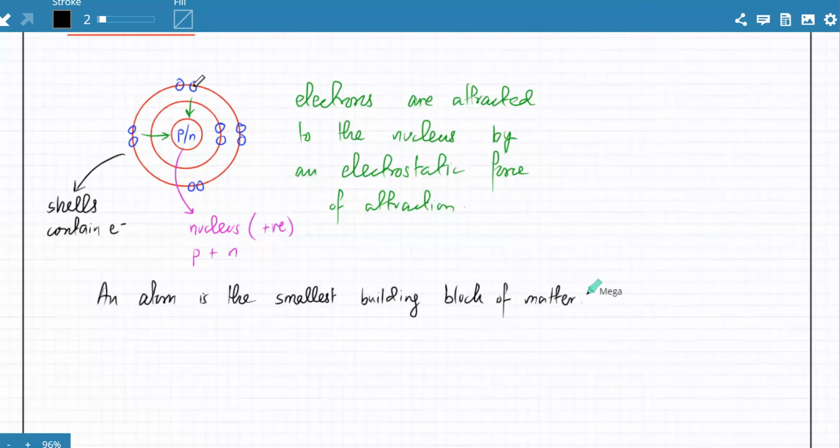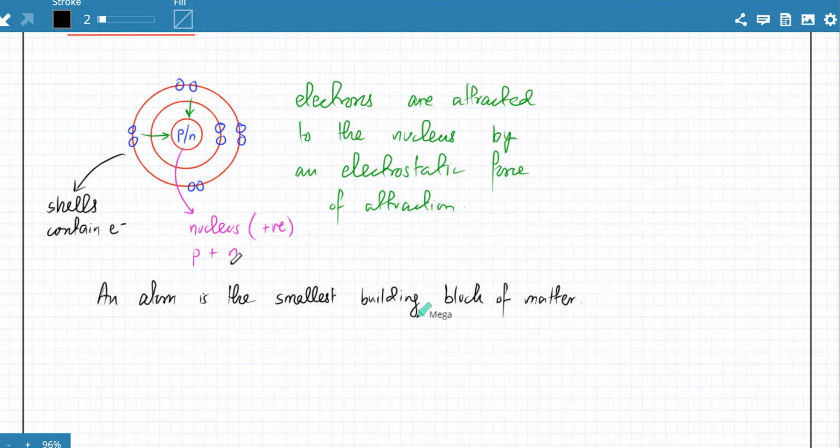You have atoms all around you. An atom can be broken down into smaller particles, which are protons, neutrons, and electrons. But this is the main building block. Every molecule, every substance that you see, is a combination of atoms that are all joined together or bonded together.